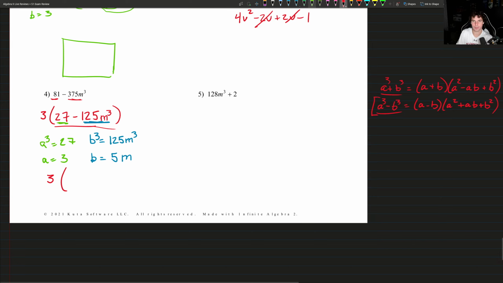So then we get 3 minus 5m times a squared, which is 9, plus 3 times 5m, which is 15m, and then plus b squared, which is 25m squared.